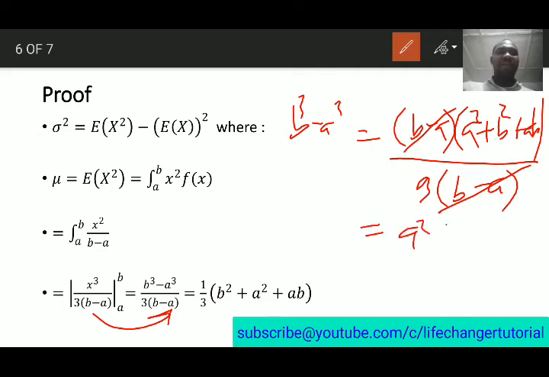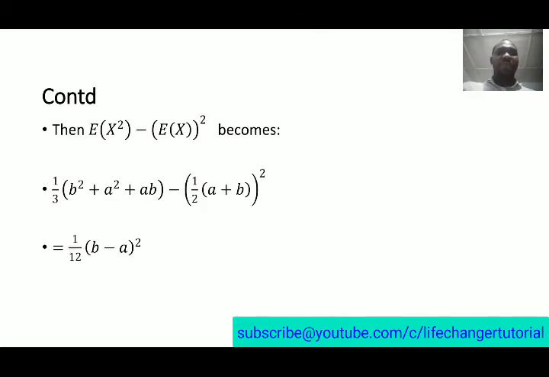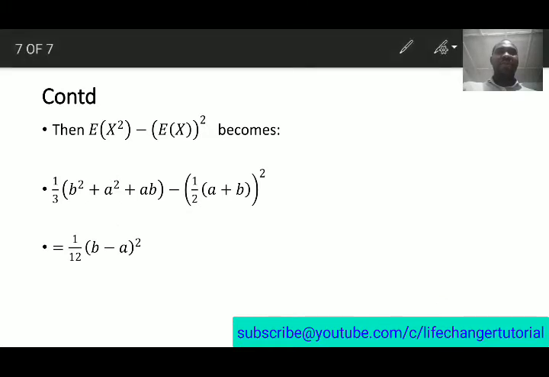We are left with (a squared plus b squared plus ab) all over 3. That is exactly how we got this. So if we now substitute the values here, the expected value of x squared is this, minus the expected value of x, which is the mean, all squared, will now give us this.